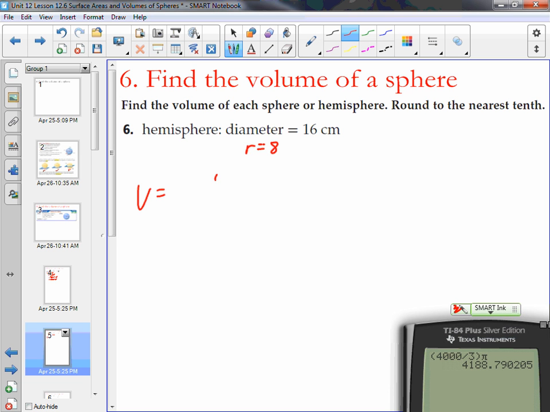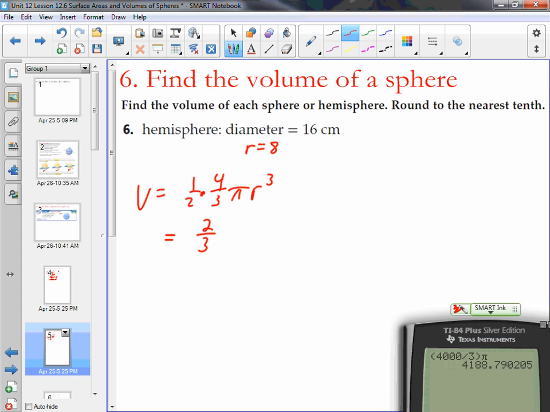If it was the whole sphere, it'd be 4/3 pi r cubed. It's half of that. So when I multiply 1/2 times 4/3, I would get 4/6, which reduces to 2/3.